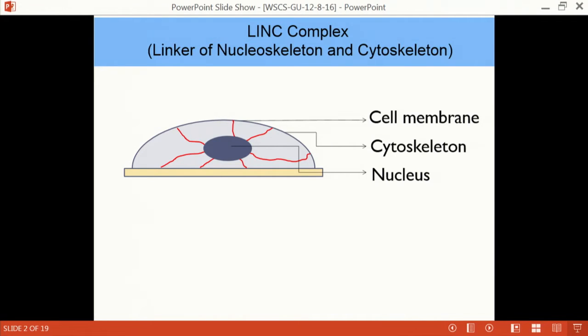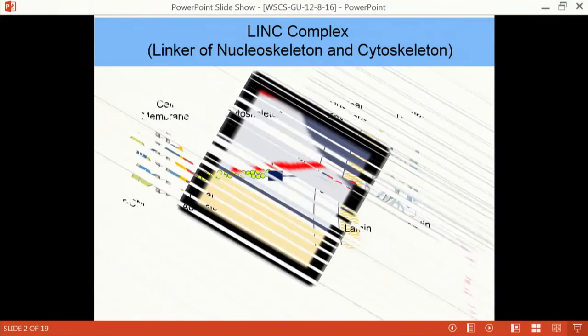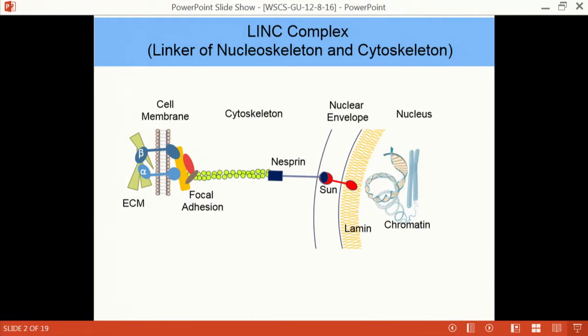So if you look at a single cytoskeletal element, what you are going to see is that this is actually a continuous structure. On the left, you have extracellular matrix. You have integrins that bind to the extracellular matrix, forming these mechanosensitive focal adhesions. And then these focal adhesions sequester the actin cytoskeleton. The actin cytoskeleton then goes in and binds itself to the nuclear surface. At the nuclear surface, actin is connected by a protein called nesprin.